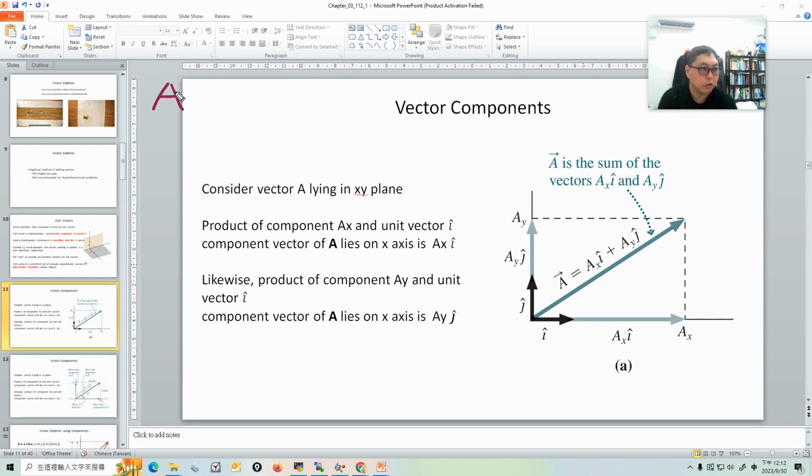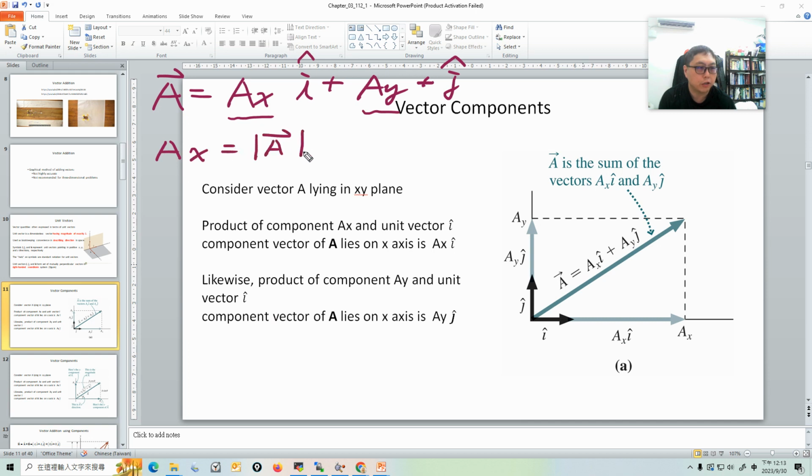So we can represent vector A by its x component, on the x direction, and its y component, in the y direction. What's the value of the x component? It's the magnitude of A times cosine theta, where theta is here.